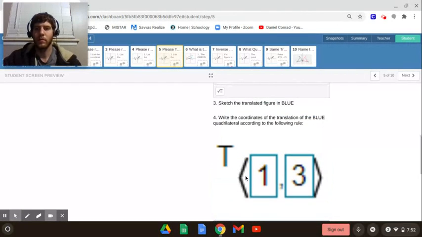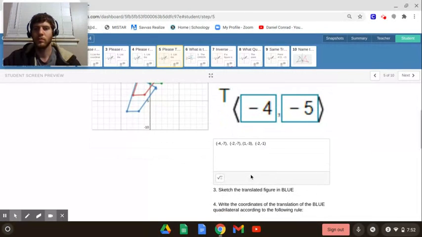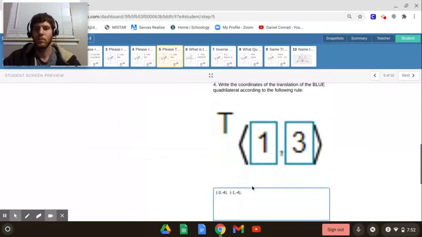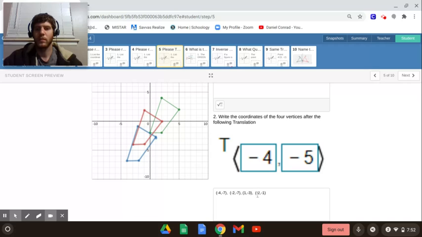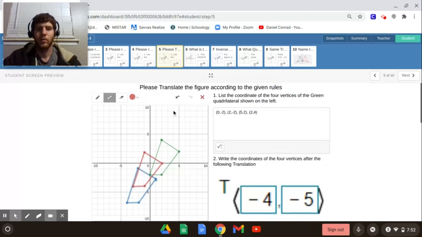Right 1, up 3, that's 2, 0. And then right 1, up 3 for the last one, that's negative 1, 2. Those were our 4 points: negative 1, 2; 2, 0; negative 1, negative 4; negative 3, negative 4.